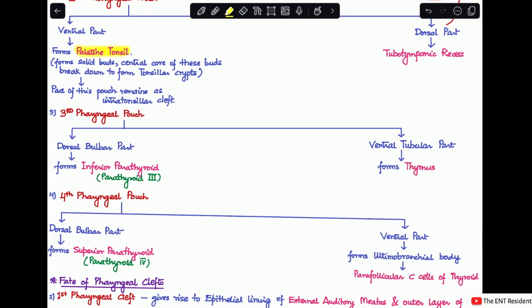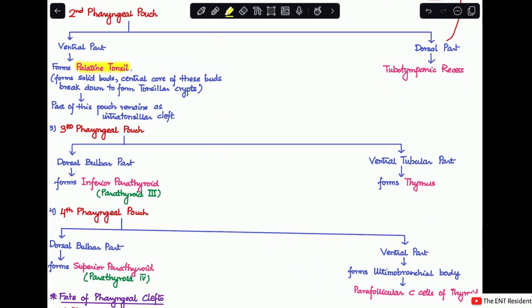Next is the third pharyngeal pouch. Again, it is divided into two parts. The ventral tubular part leads to formation of the thymus, whereas the dorsal bulbar part leads to formation of the inferior parathyroid. You may get confused about why the inferior parathyroid is getting formed first, even though the superior parathyroid is located above the inferior parathyroid.